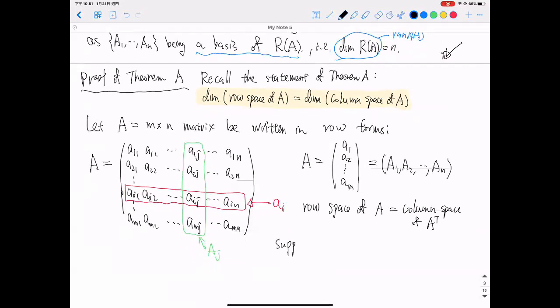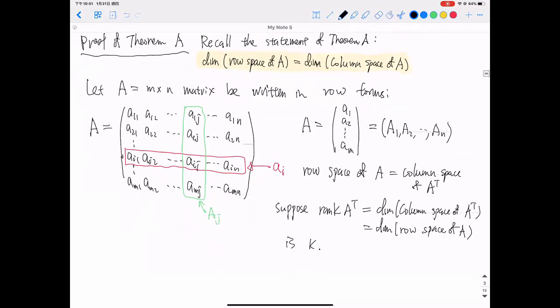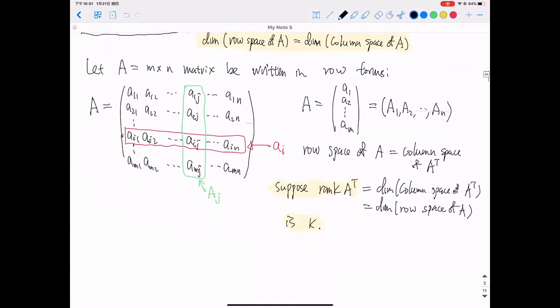Let's suppose the rank of A transpose, which by definition is the dimension of the column space of A transpose, and consequently the dimension of the row space of A, is K. Okay, some number. So suppose this number is K.